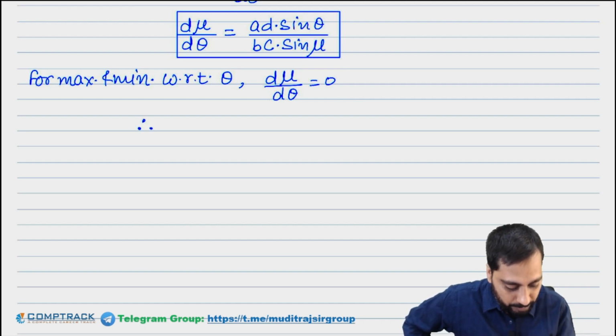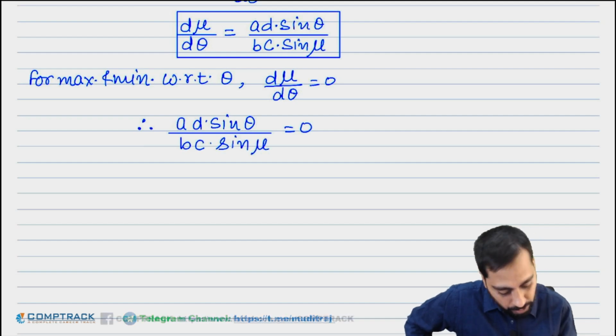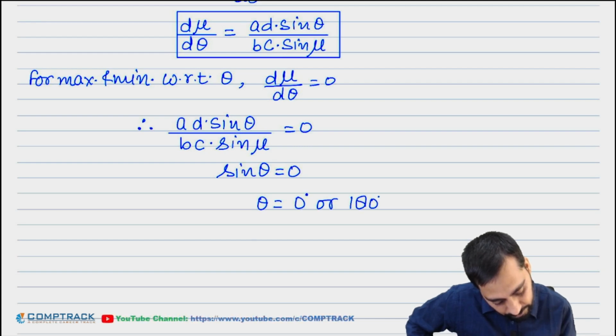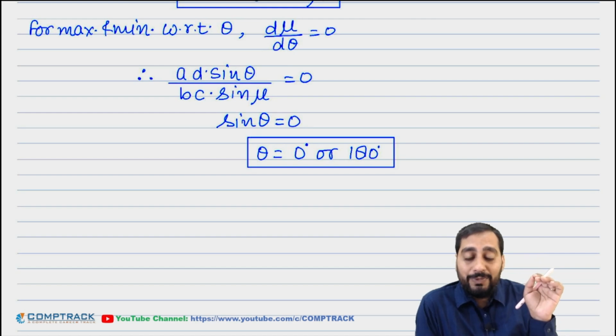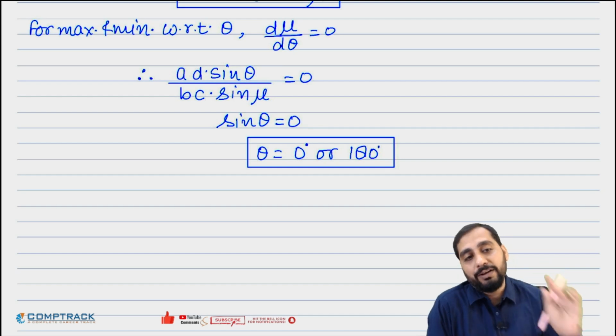So AD sin theta over BC sin mu will be equal to 0. So from here sin theta will be equal to 0, so theta will be either 0 or 180. It means the transmission angle will be minimum or maximum at theta equal to 0 or 180. Did you understand?